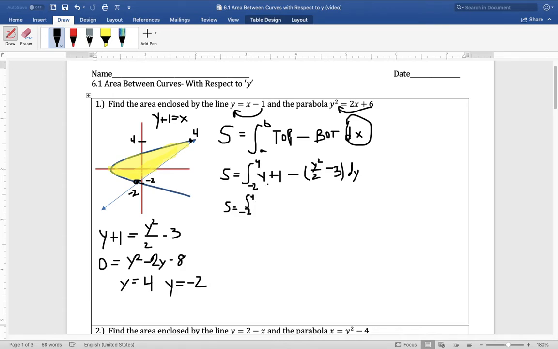All right, so simplifying this, you end up with y plus 4, right? Oh, sorry, that's not right. No, it's right. Negative 3 times negative 1 is 3. 3 plus 1 is 4. And then this is just y squared over 2. So I'll just put it as a negative y squared over 2, and then plus y.